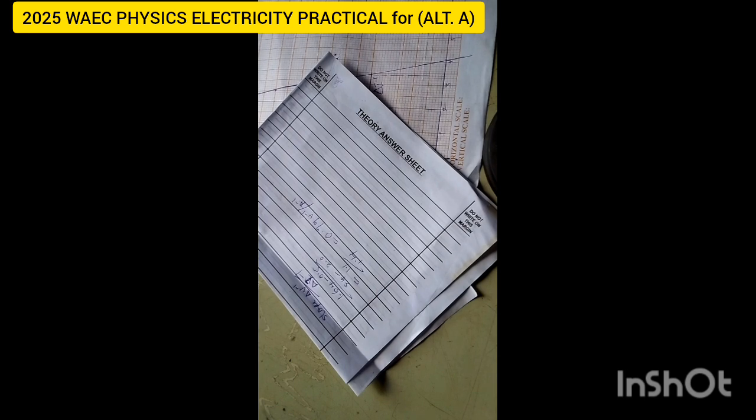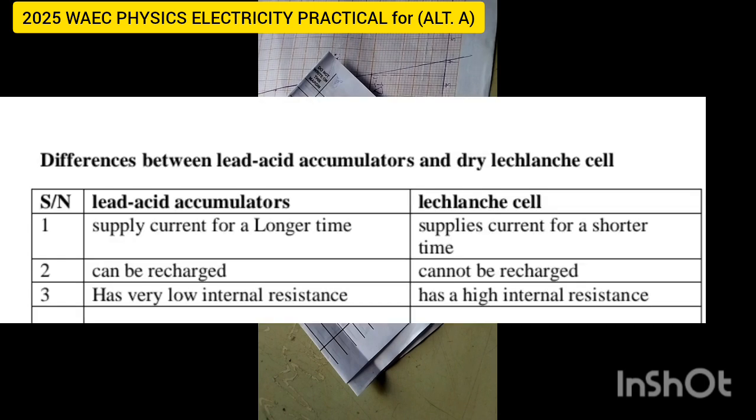All right. The next question says, state two differences between the lead acid accumulator and the dry Leclerc cell. And of course, we know what accumulators are. Accumulators are secondary cells.